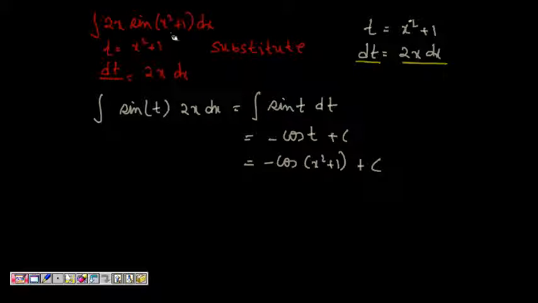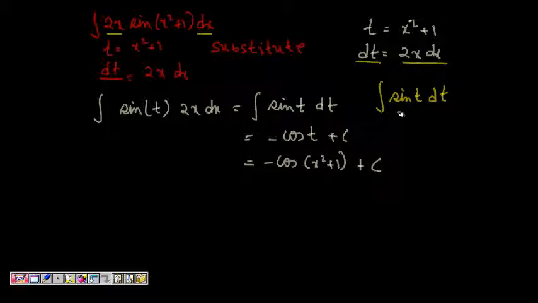Now look into the integral. We write it as sine of x² + 1, which is now t, so sin t, and 2x dx becomes dt. Now this is a change of variable, and we have to integrate sin t dt.